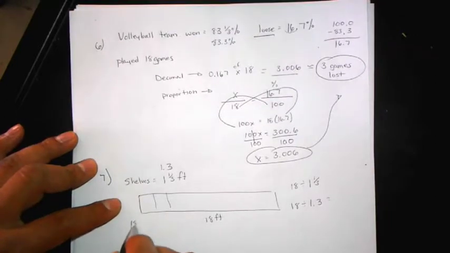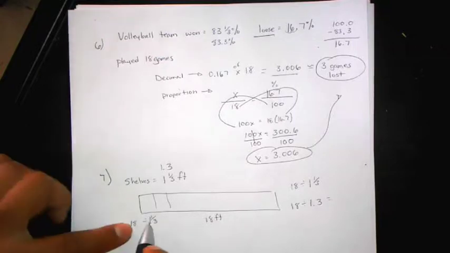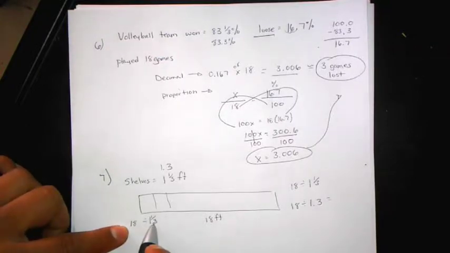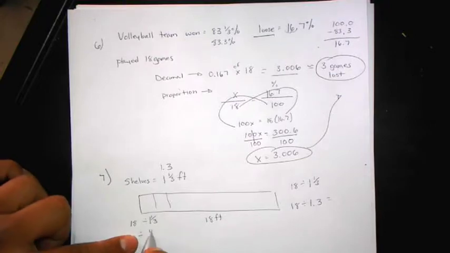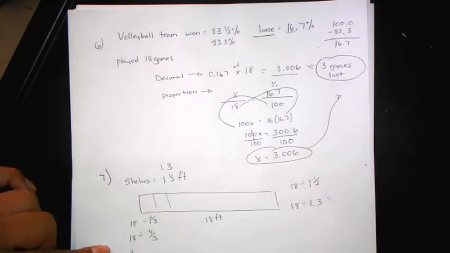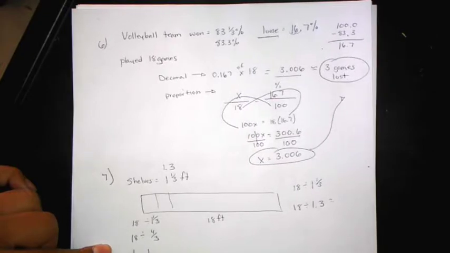So 18 divided by 1 1/3. First, I'm going to turn this mixed number into an improper fraction. So I go 18 divided by 4/3. Then I'm going to do copy, change, flip.